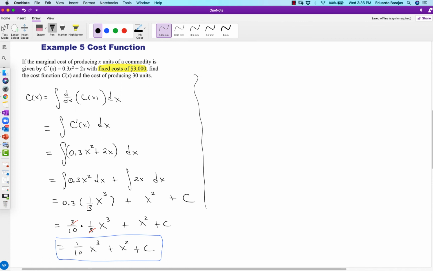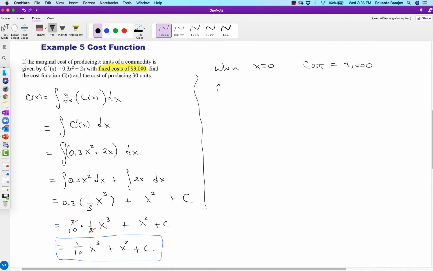So this fixed cost equals 3,000 lets us know that when x equals 0, then the output of our function must be equal to 3,000. Not the function, our cost is still equal to 3,000.